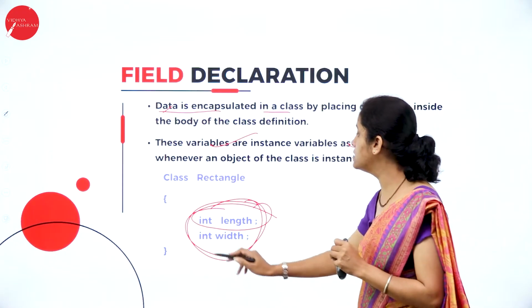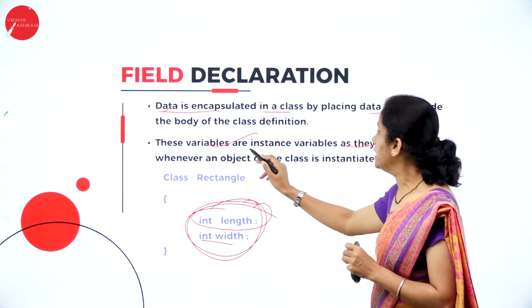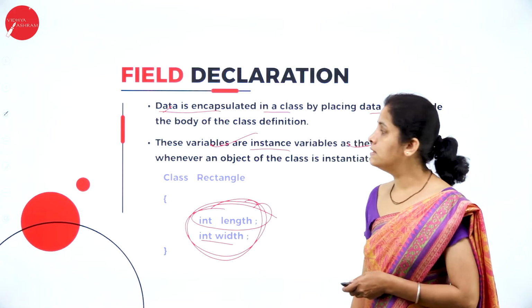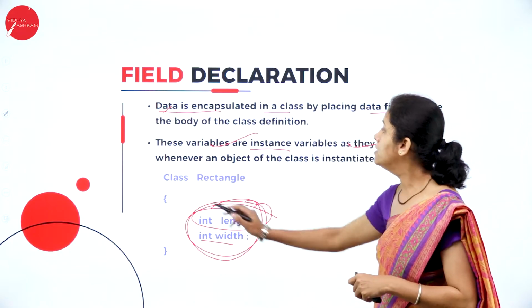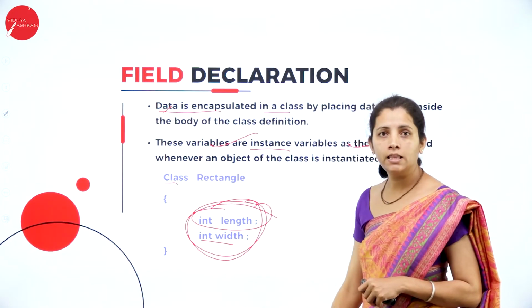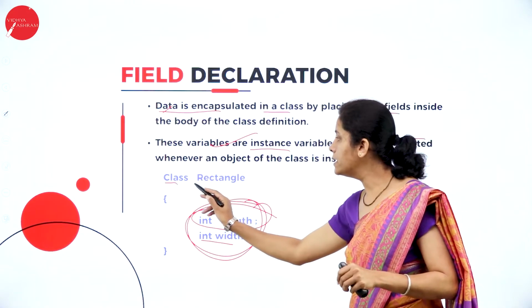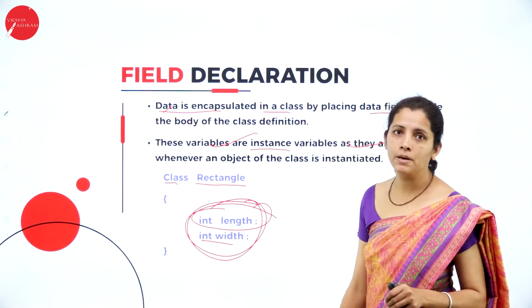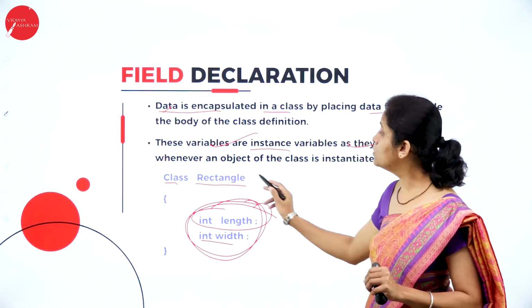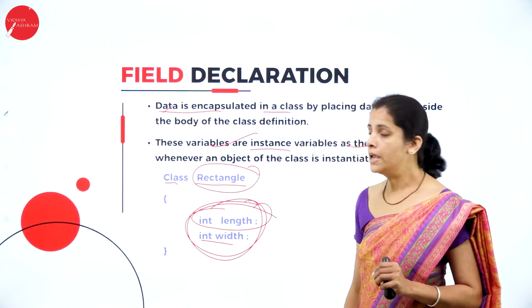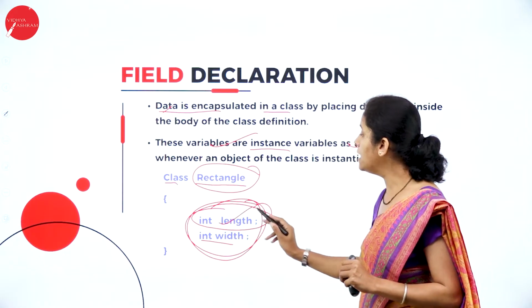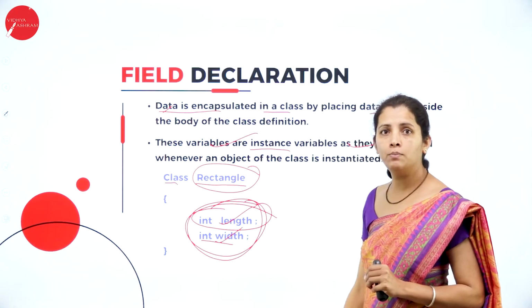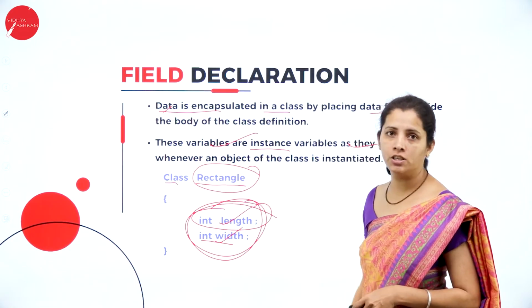For that reason it is called an instance variable. And this is the example I have. For example, class is nothing but the keyword, and here Rectangle is nothing but the class name, that is the user-defined class name. Inside that I have two fields, that is length and width, and both are of type integer.